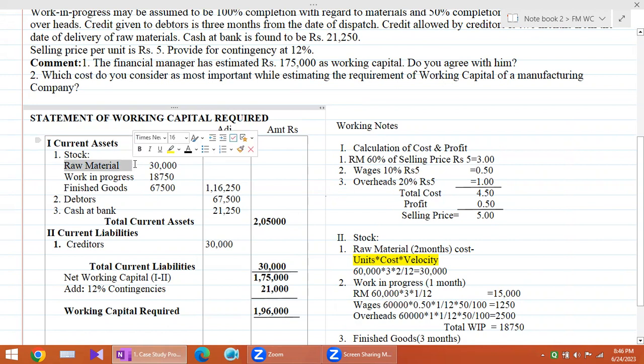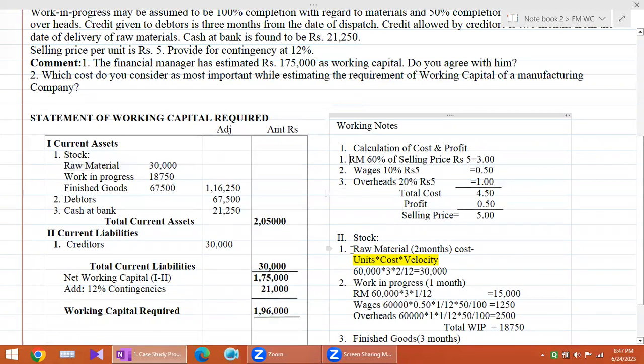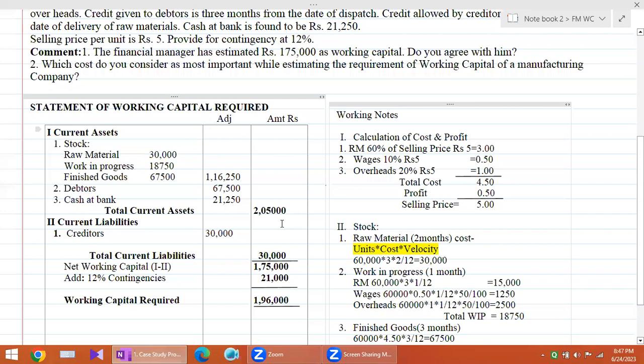Material cost is considered the most important for calculation of the required amount of working capital of a manufacturing company, because this raw material cost comes in the calculation of stock of raw material as well as stock of work in process. Again, we have to take this. So what is important for a manufacturing company is the cost of the raw materials available in the market. I hope all of you understood.